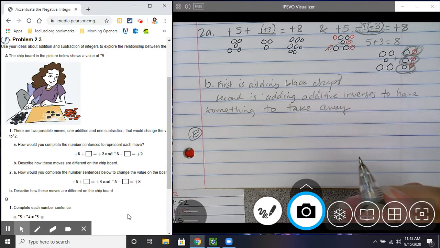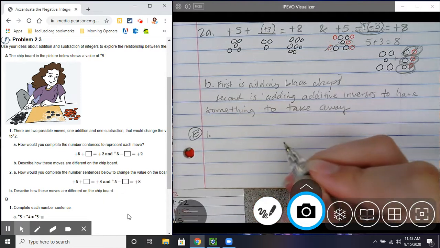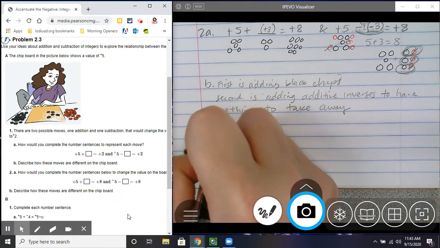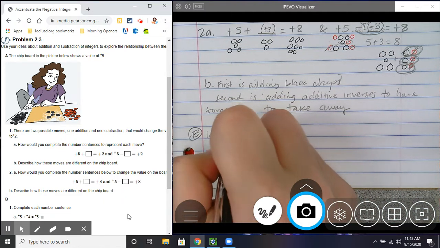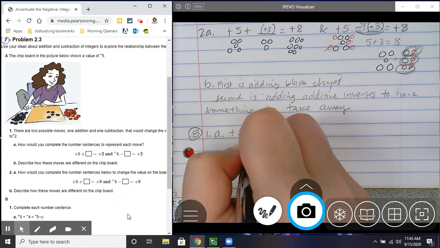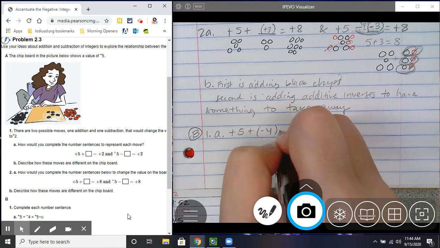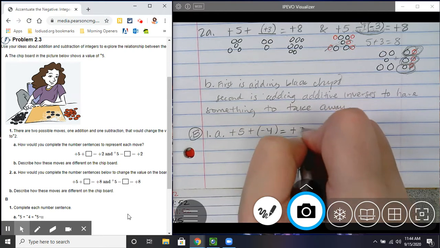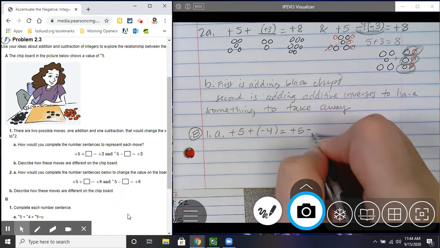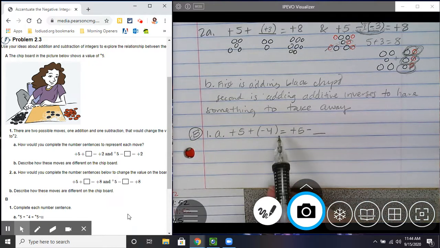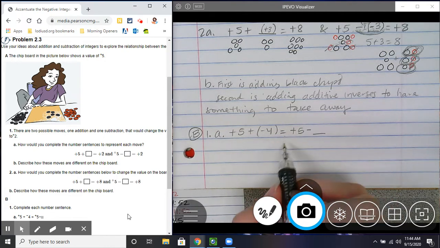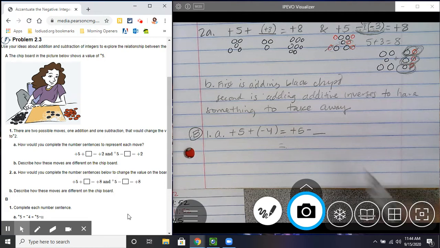Part B, complete each number sentence. So remember, if we have two statements side by side and there's an equal sign in between, these need to simplify down to the same number to make it true.